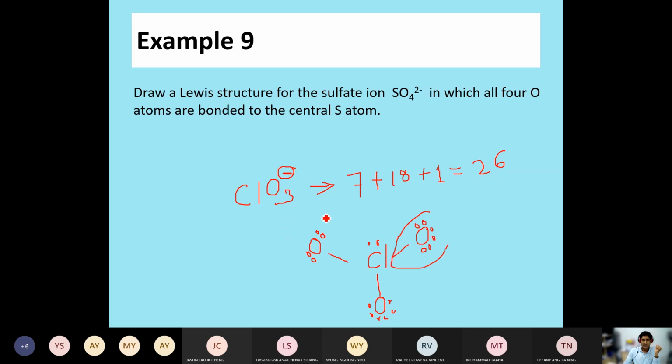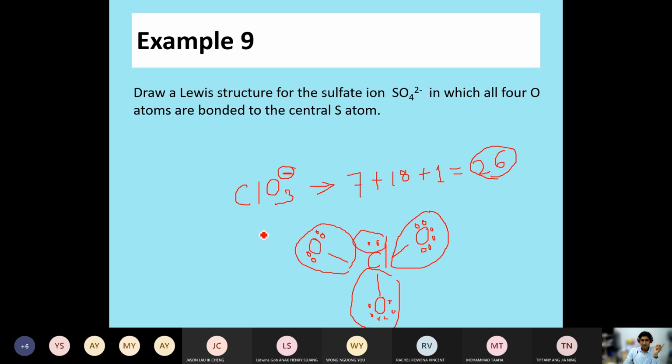So here is 8, here is 8, here is 8. So 3 times 8 is 24, plus this 2, 26. So it satisfies the calculated value and the total number from the structure.